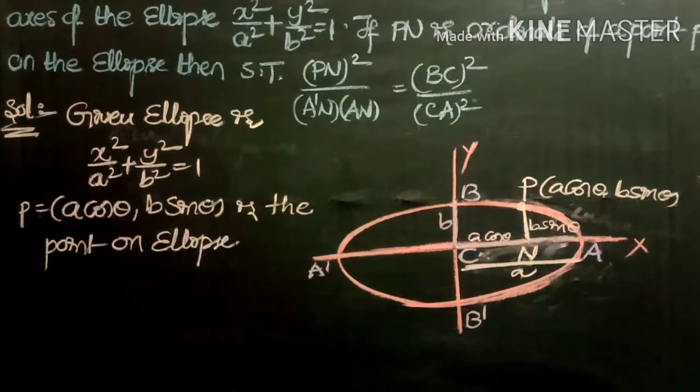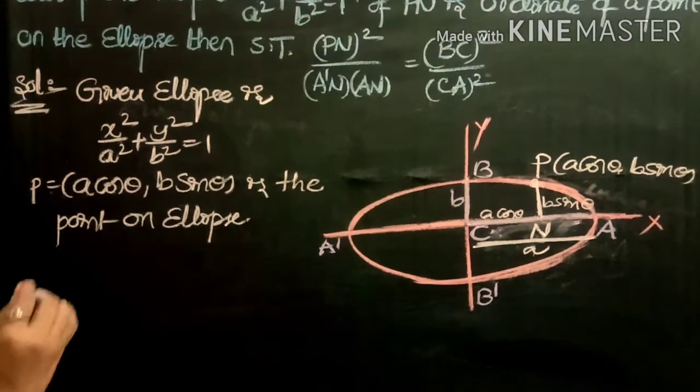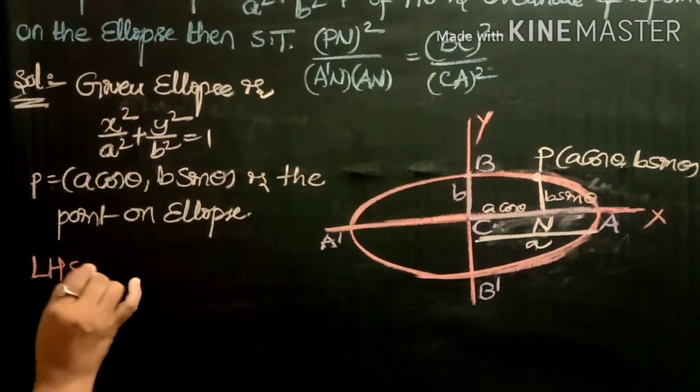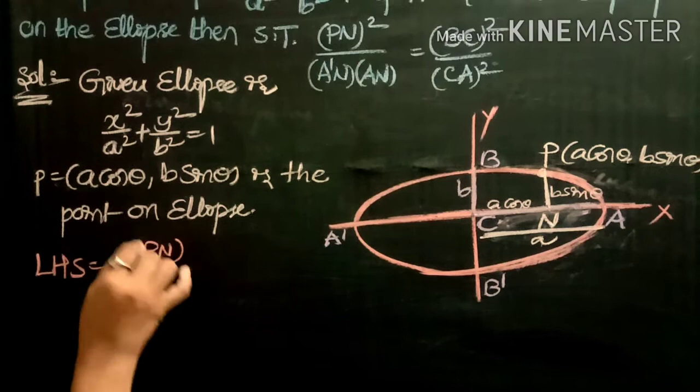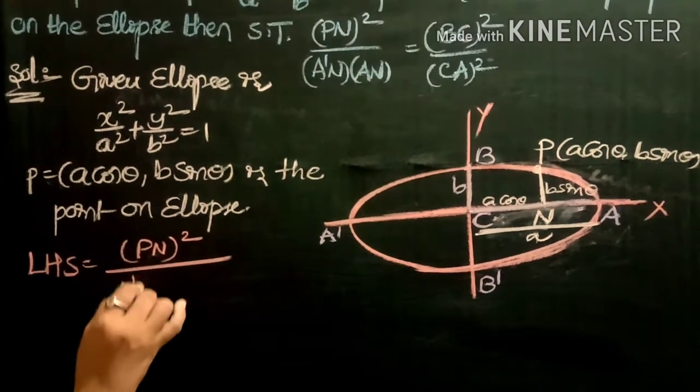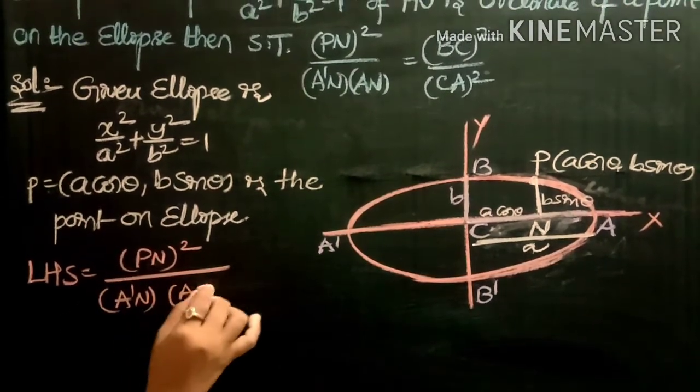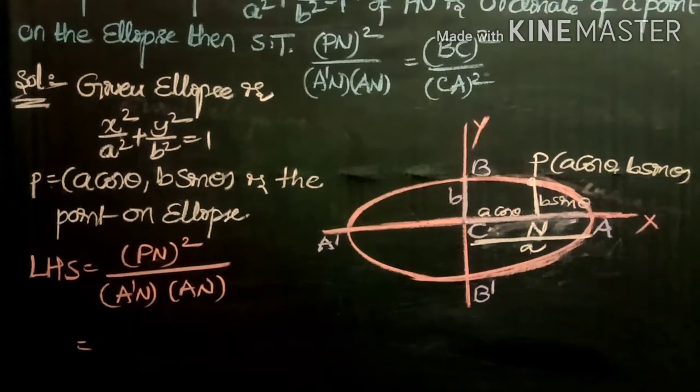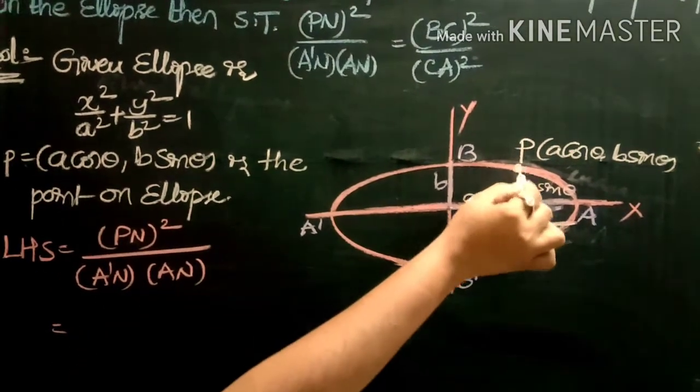Now we take the LHS value. Therefore LHS is equal to, what is the LHS value? PN whole square by A dash N into AN. What is the PN value from the diagram?